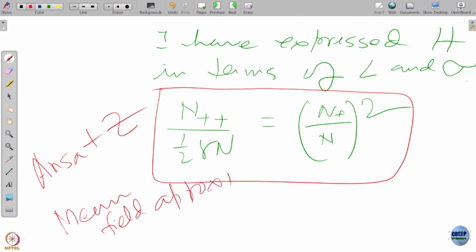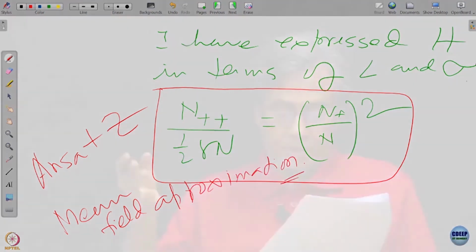That means there is no short range order other than what is contained in long range order. This is the essence of mean field approximation: you ignore the short range correlations and say the short range correlation is given by the long range correlation.